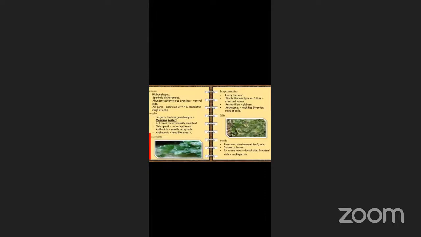In the simplification of the pore, in some complex forms like Marchantia, the pores are barrel-shaped both on the thallus and on the disc of the archegoniophore and antheridiophore.